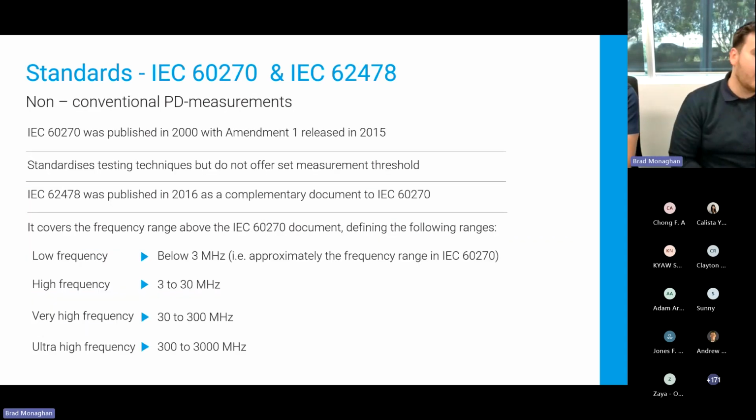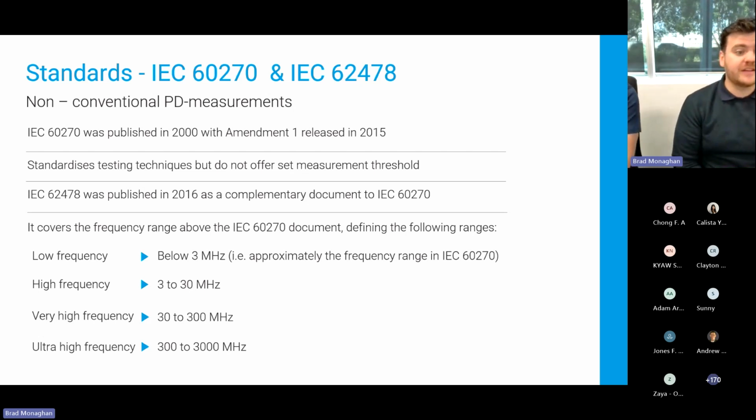So Brad talked a lot about the standards for offline testing, and once we move online, they aren't as well defined. You do have two standards, which I've noted here, which are IEC 60270, which was published in 2000 with an amendment in 2015. And this is quite a good standard for going through the test techniques and methodologies, but it doesn't offer set thresholds and testing methodologies in the same way that offline testing does.